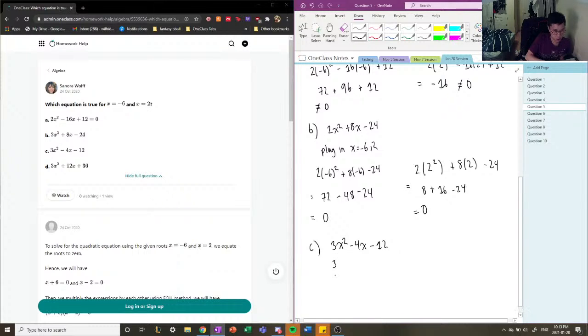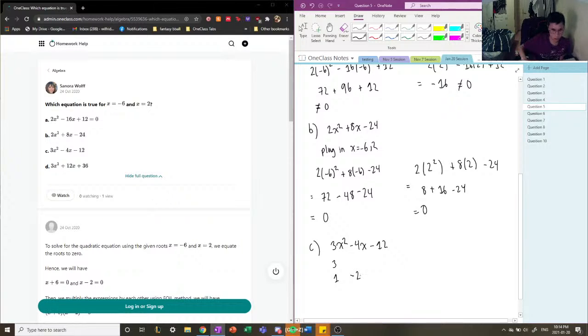Factors of 3 are 3 and 1, and the factors of -12, let's use 6, 2, or -2 and 6.